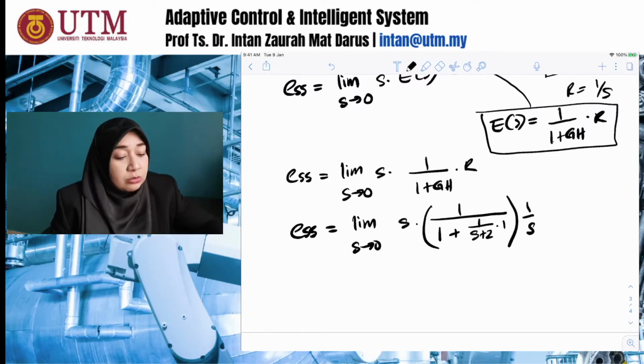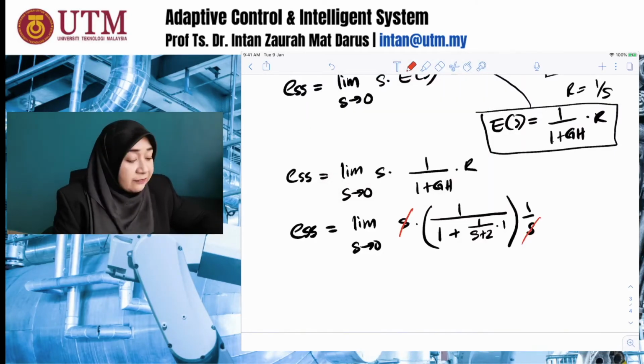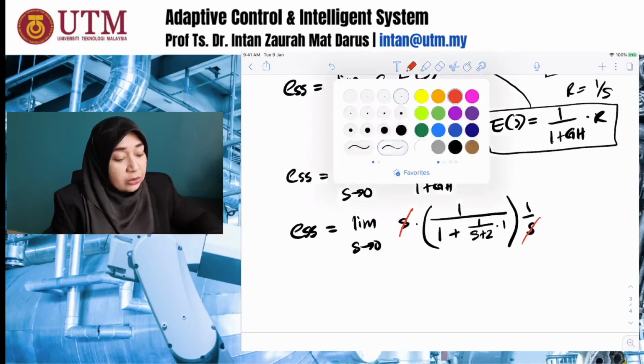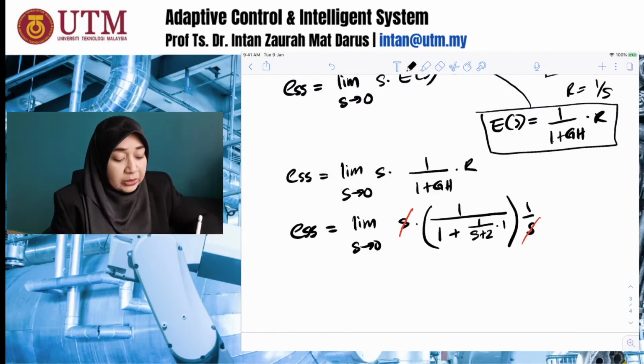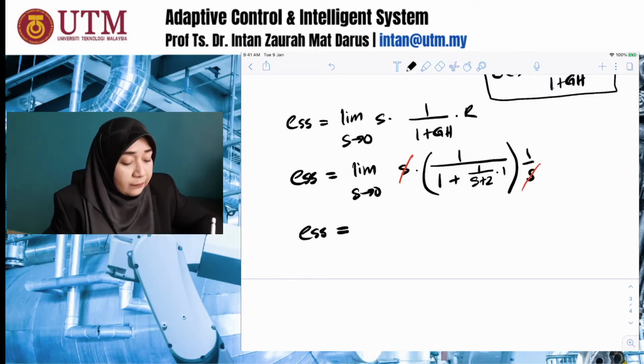Looking at that, we know straight away that the input can be cancelled out with the s from the final value theorem. So we cancel that out, and then we let all the s inside the remaining equation become 0.